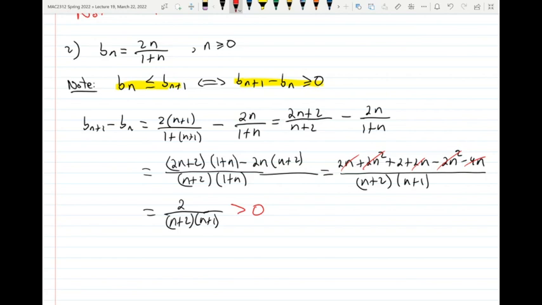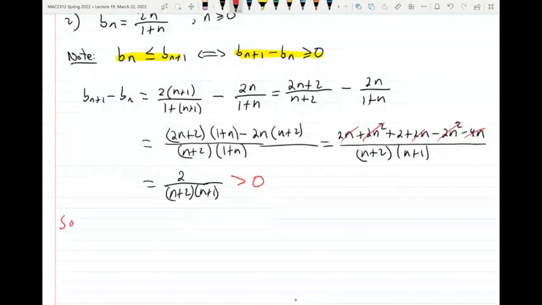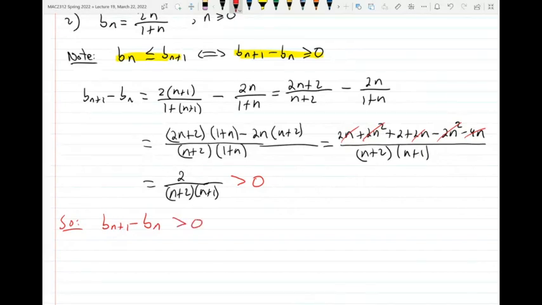Because this fraction is always greater than 0, what this is telling me is that Bn plus 1 minus Bn is always greater than 0. Which, of course, is equivalent to saying that Bn plus 1 is bigger than Bn, and this happens for all n.